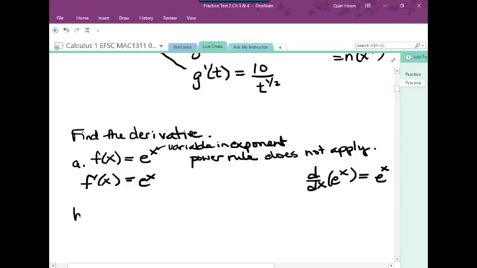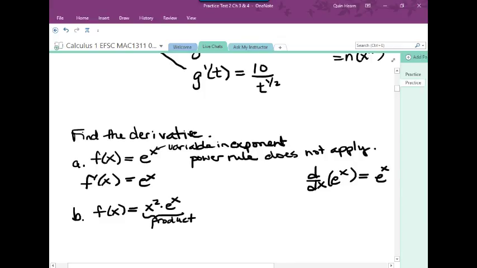All right, and part B, we're going to find the derivative of f of x equals x squared times e to the x. Okay, so in this case, we have a product of two separate functions.